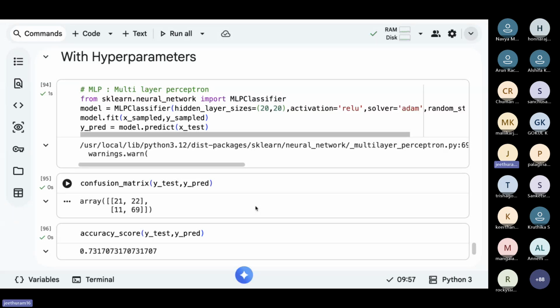Take different data sets and try implementing different things. That's how you explore things. So this is all about ML. Hope it's clear. Done?